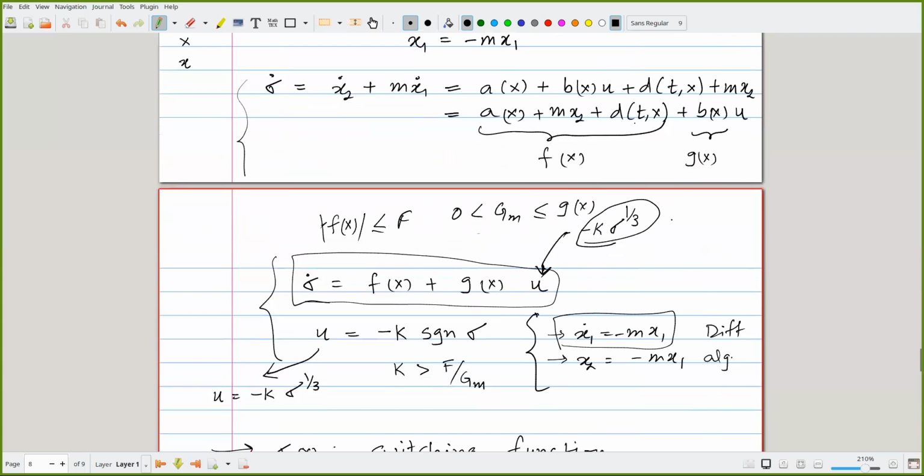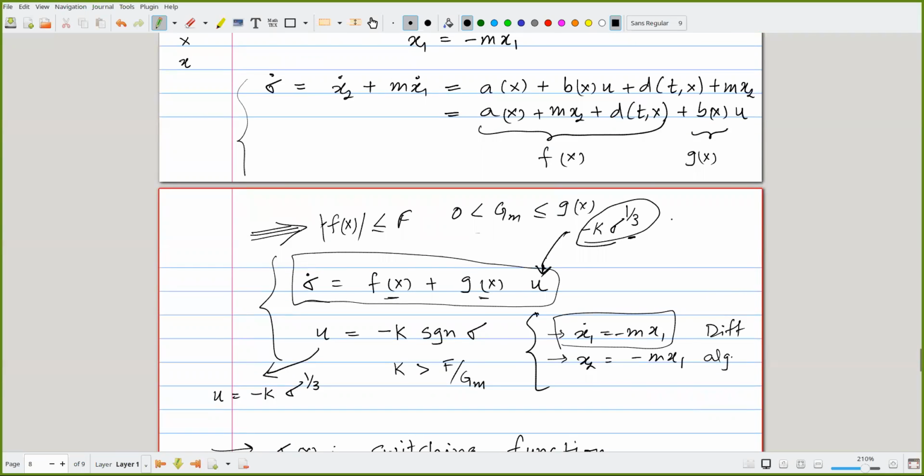The point I forgot to make is that with these assumptions on disturbance and uncertainties, this controller cannot guarantee finite time convergence. But you can put some other assumptions on F and G, where the bounds depend on x.